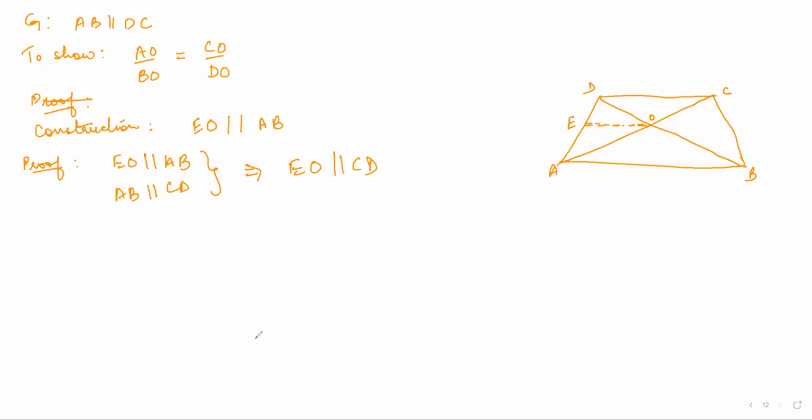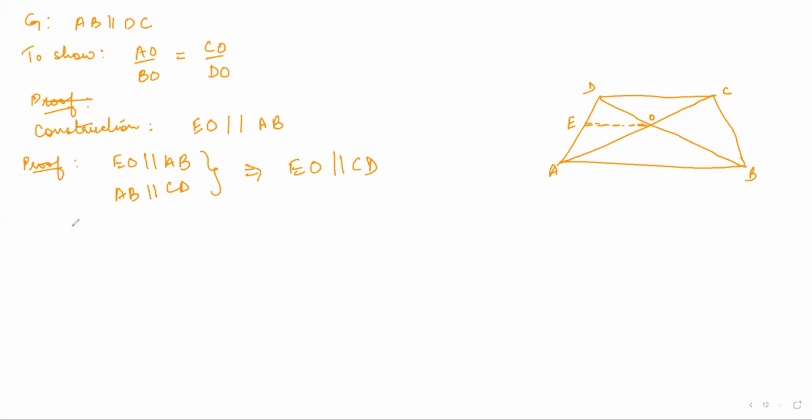Yes, it's actually a theorem. In class 9th, you have studied that if you have 3 lines, line 1, line 2, line 3, and line 1 is parallel to line 2 and line 1 is also parallel to line 3, then line 2 is also parallel to line 3. So we are using the same thing here. AB is parallel to EO and AB is parallel to CD. So that means EO is also parallel to CD, right?